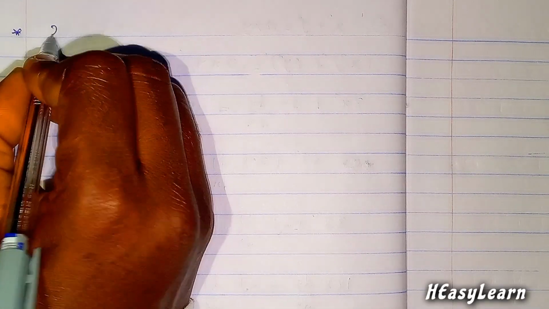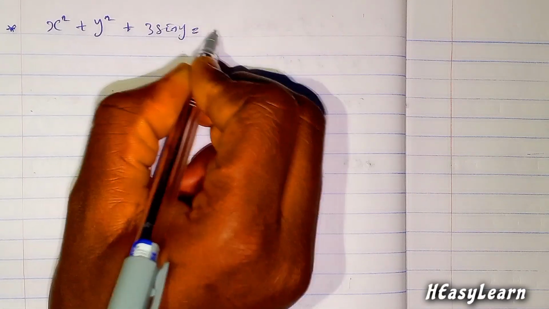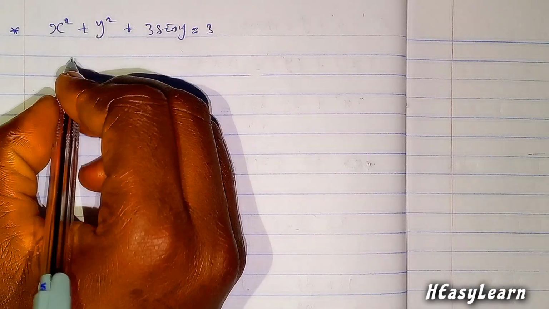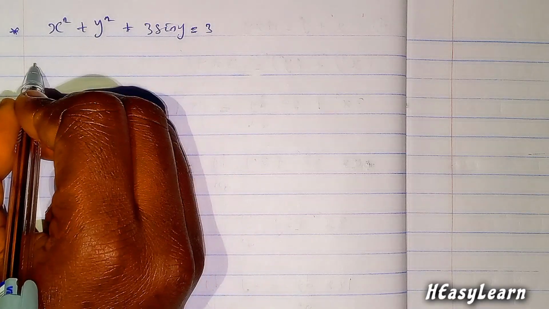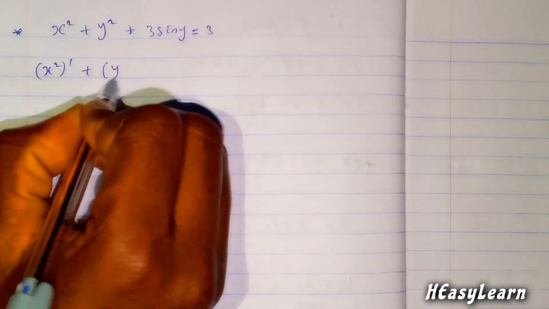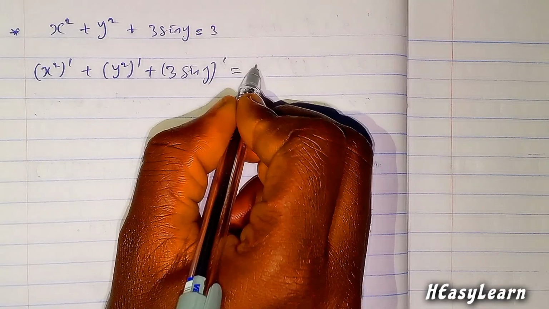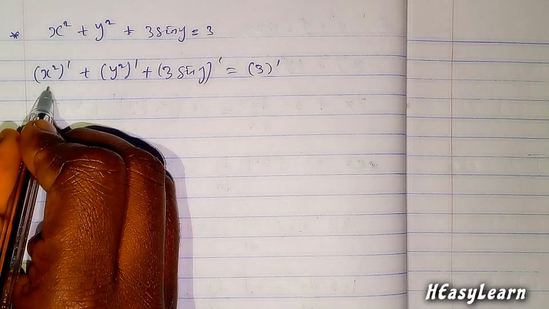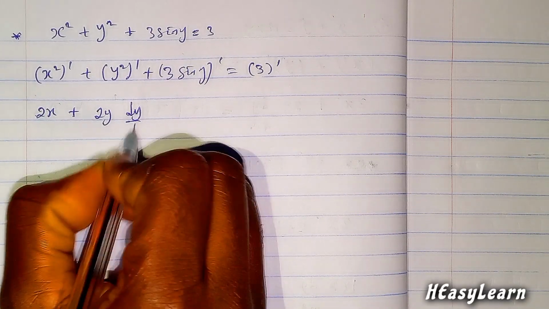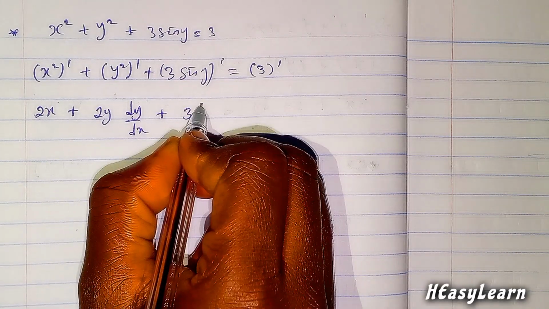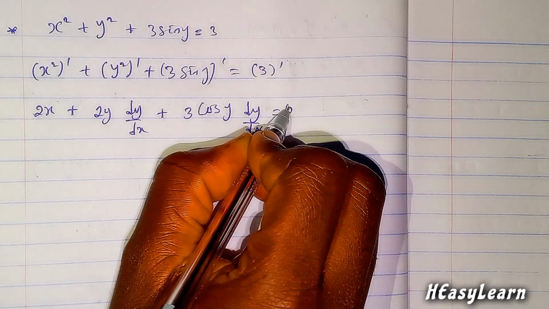If the function is given to be x squared plus y squared plus 3 sine y equals to 3, this is an implicit function because x and y are coming together in the function. Differentiate term by term. What is the differential of x squared? 2x plus 2y dy/dx plus 3 cos y dy/dx equals 0.